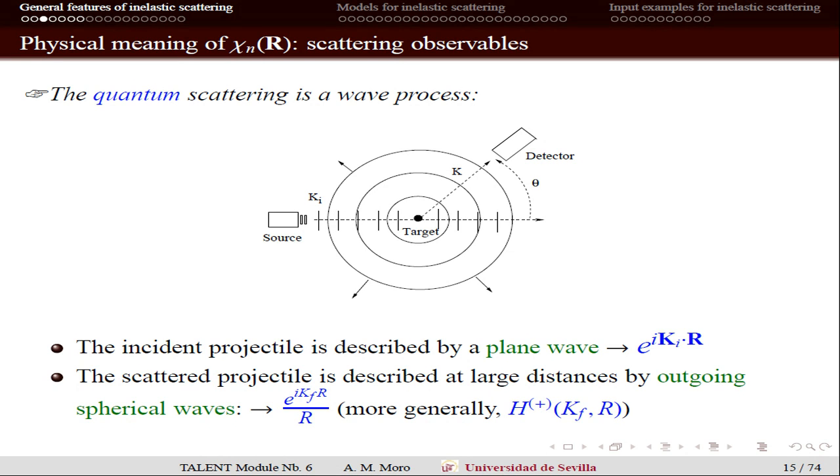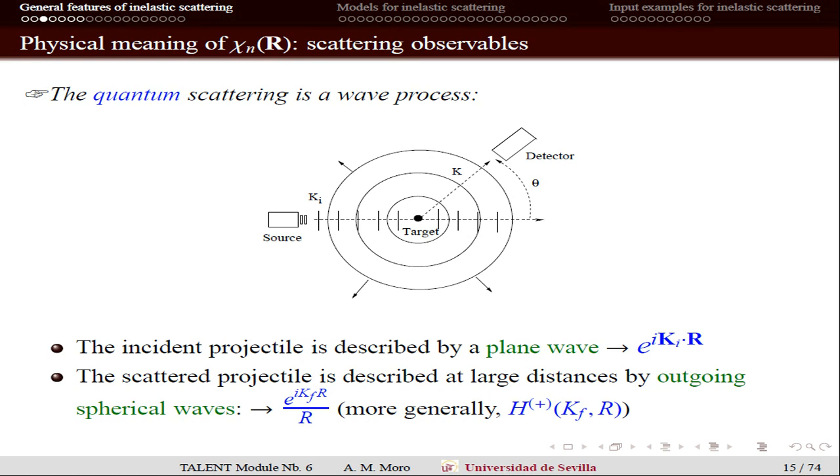So remember, the incident projectile is described by a plane wave. If we have the Coulomb interaction, then Filomena told us that we have to be careful because at some point we have to introduce the Coulomb waves. But in all the notation that I'm using here, I'm using plane waves for simplicity. Again, you can imagine how these expressions could be extended to the Coulomb case.